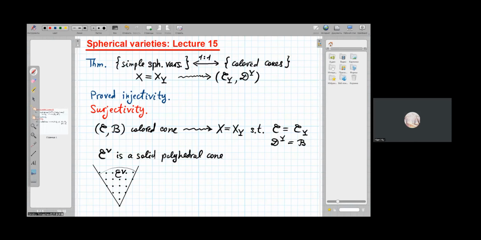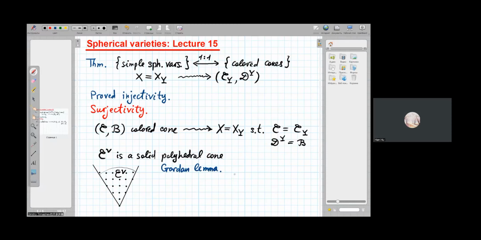Now there is a well-known lemma in convex geometry, which is called Gordan's lemma, which says that this semigroup is finitely generated.